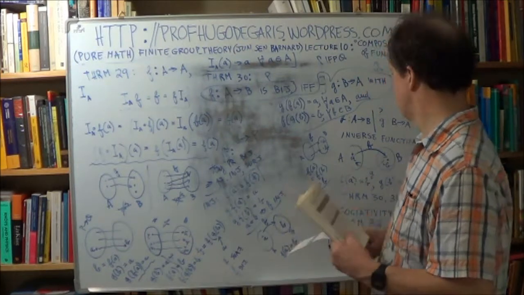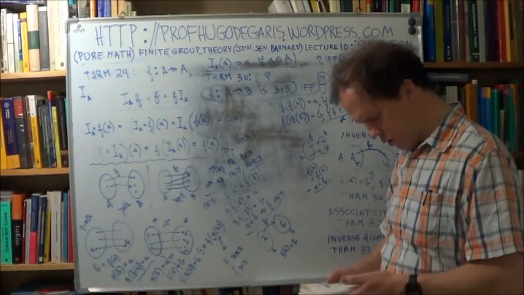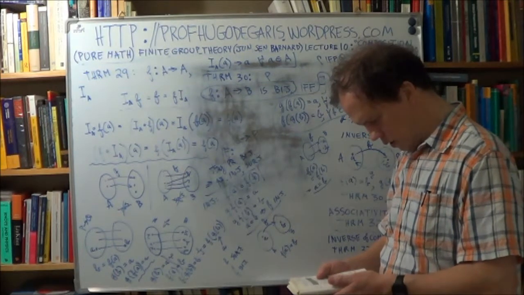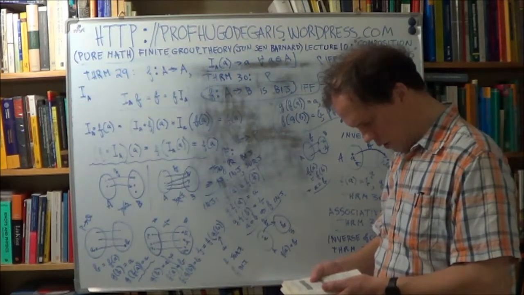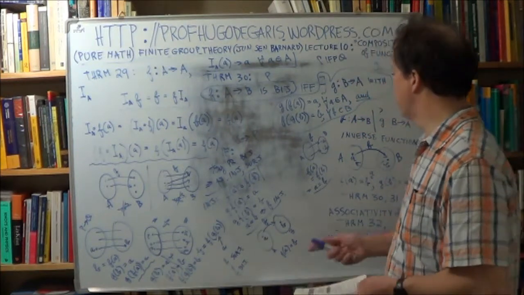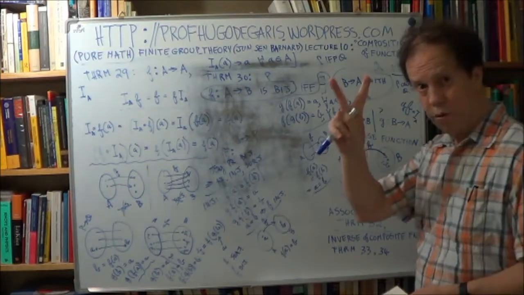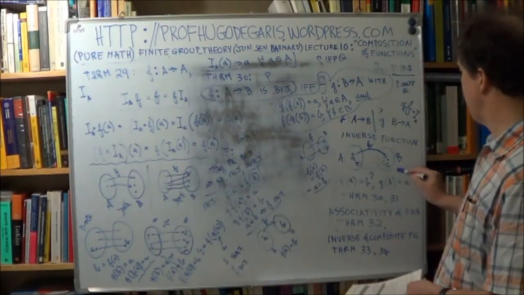Now I think, let's see, theorem 31, I think you're proving that it's unique. Now theorem 31 will do two things, but I'll do that after I clean the board.